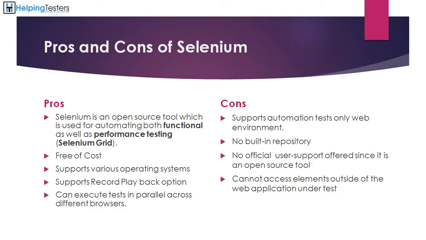Also, web application testing should require a record and playback option, because whenever I want to see how the navigation actually happens, when I need to present my website to someone, I need to show how the navigation is happening, so the Selenium tool supports a record and playback option. Also it's free of cost, of course, and I can use it in different browsers and in different operating systems. So these are all the advantages.